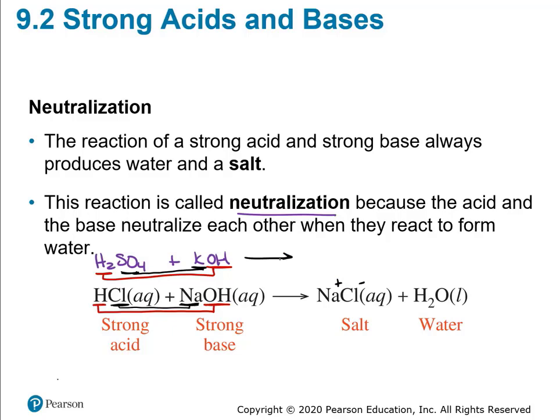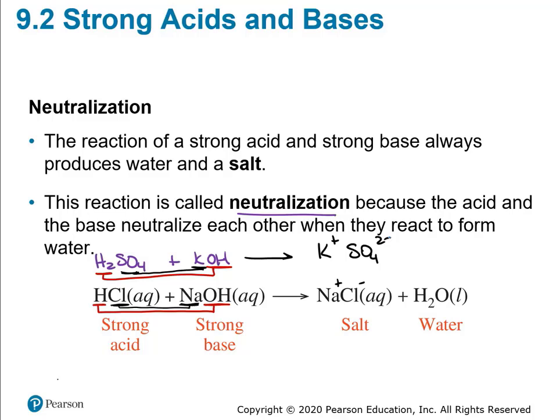So in this one, you would put potassium first. The K goes first because potassium is the metal. Potassium is in group 1, so you know it's a +1. The SO4, that's the sulfate ion. And remember, it has a -2. So what would the formula be for that product?